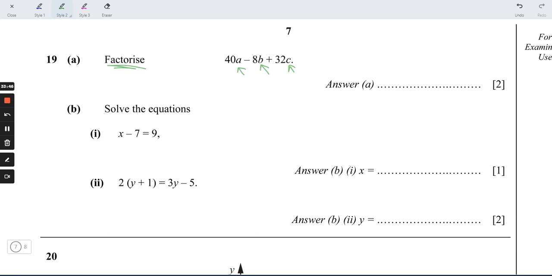So here, as you can see, finding the factors with highest common factors, the 40 is 8 times 5, and the 8 is 8 times 1, and the 32 is 8 times 4.